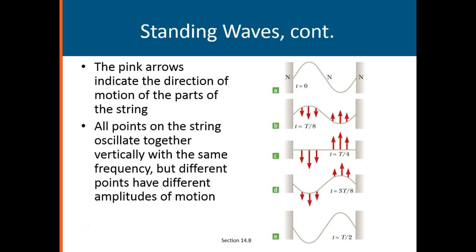At t equal 3/8 of the period, it's still moving down, and still moving up. But when t is exactly the period over 2, it's exactly the opposite of that, meaning exactly 1/2 period has occurred. It's gone from that to this, and that time is the period over 2.